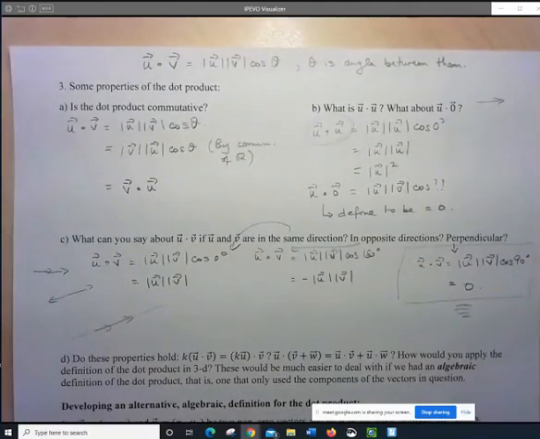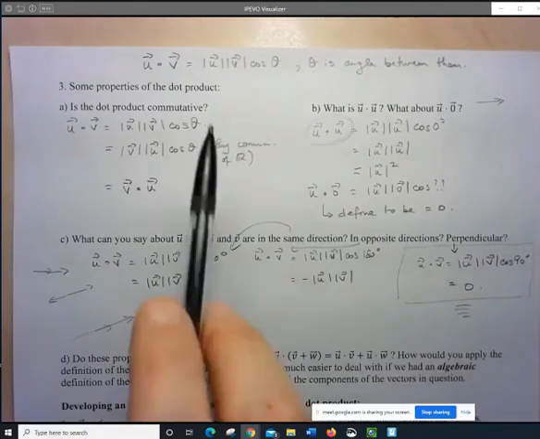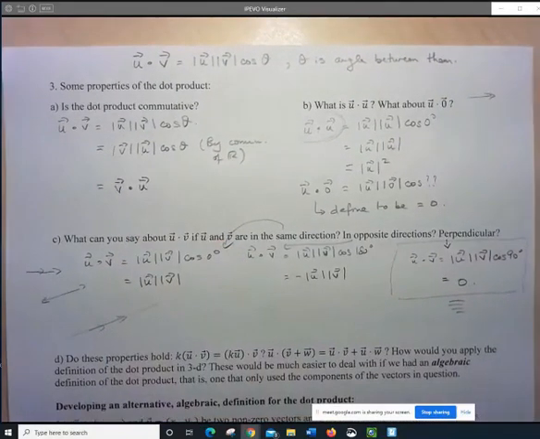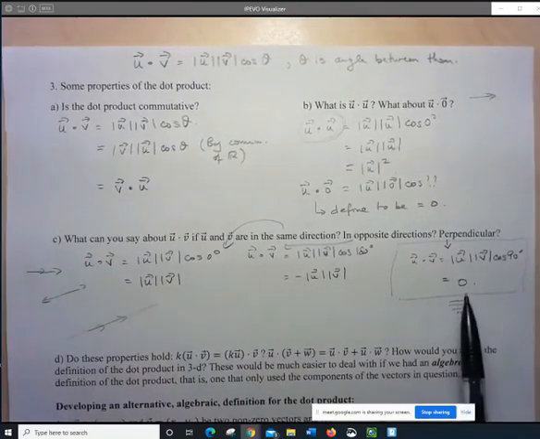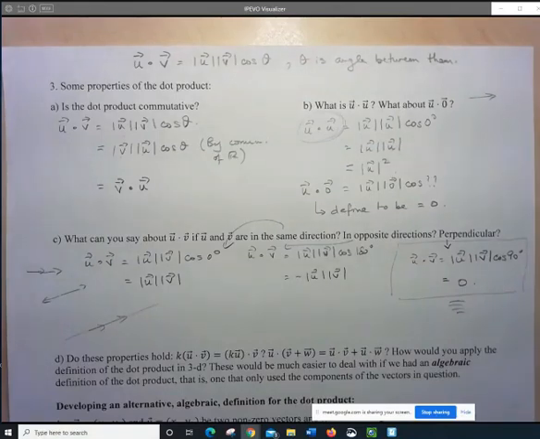Okay? I said that there's two very useful things with this definition of the dot product. And one of them is that if the dot product of two vectors is equal to 0, then we know that the vectors must be perpendicular to each other, as long as one of them is not equal to 0.